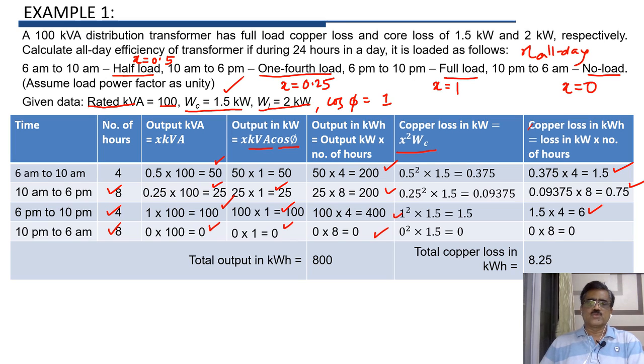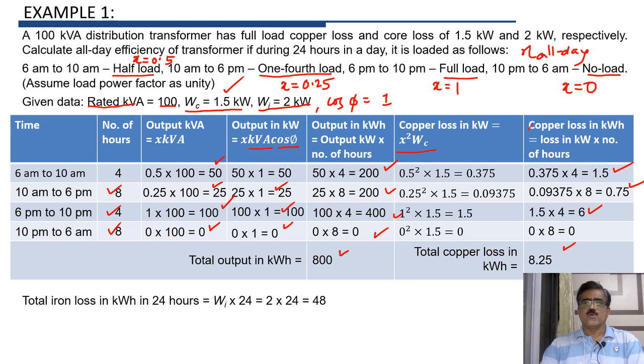So now you know the total output in kWh and total copper loss in kWh. Now we have to calculate total iron loss in kWh. Total iron loss in kWh is the iron loss multiplied by 24, because iron loss occurs during all 24 hours.